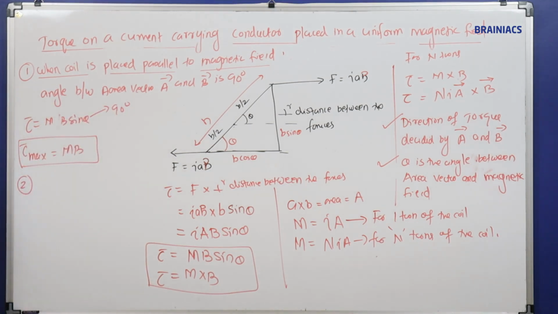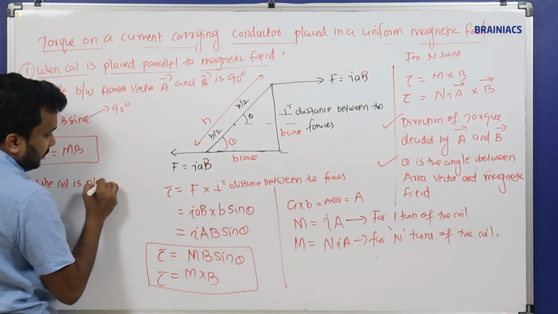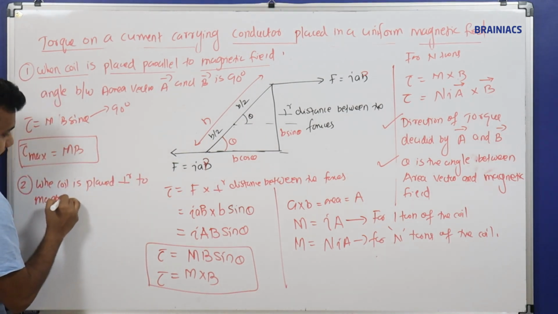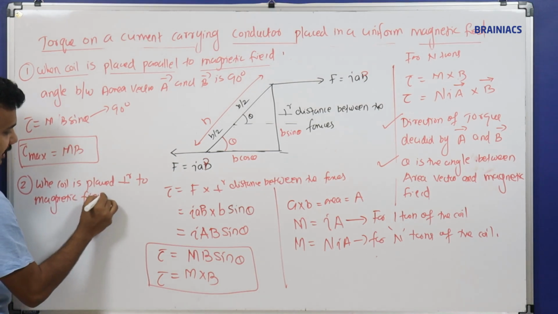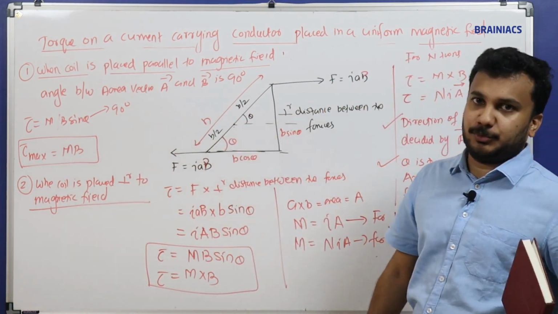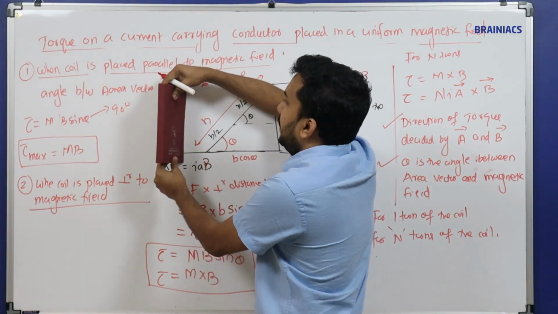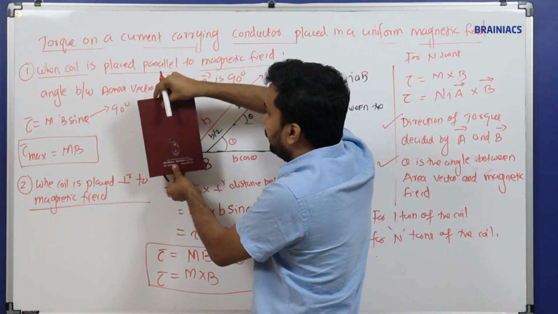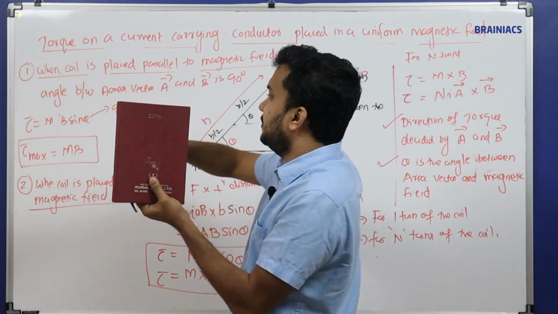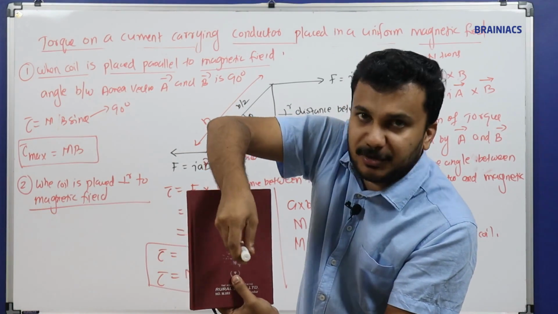Second point, when the coil is placed perpendicular to magnetic field. I know magnetic fields are into the board. If you are keeping like this, then it is parallel. Now perpendicular means you have to keep like this. Then magnetic fields are into the board and area vector is also into the board, because area vector is perpendicular to the surface.